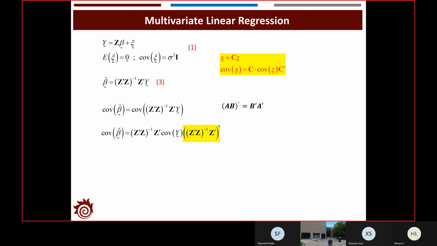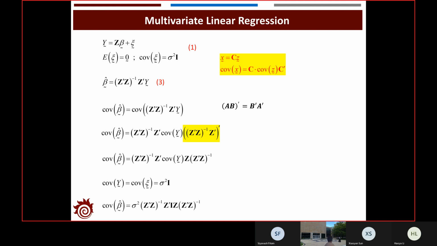And another thing for this one is how to do the calculation of this transpose. You can just quickly change the order to do the calculation. And the covariance of Y will be sigma squared times I. If you put this into this equation, we get the covariance of beta hat: sigma squared times Z transpose Z inverse times Z transpose times I times Z times Z transpose Z inverse.